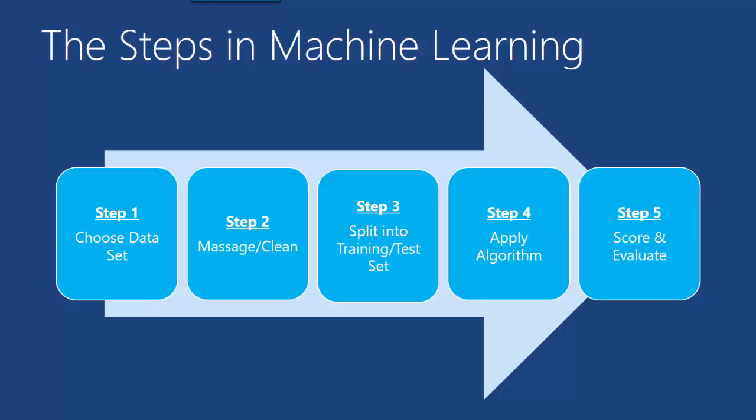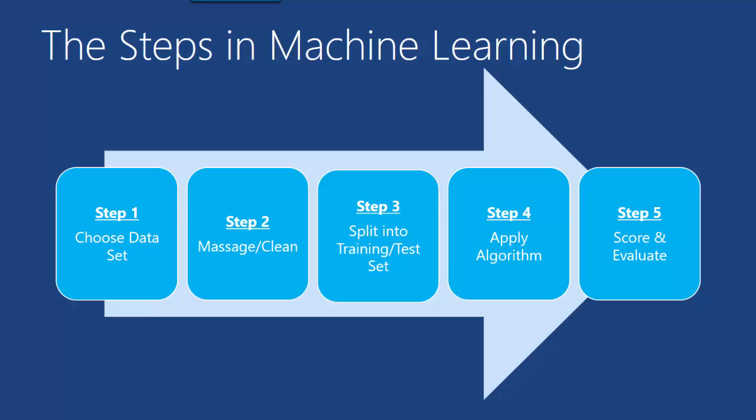So you essentially have data, and then you massage and clean the data in order to make sure that you are using the right optimized data set to have an optimized trained machine learning algorithm. Once you have your structured data set, you split it into 2 parts. One is called the training set, on which you will be applying your algorithm, and the other part is called the test set, against which you will be testing the trained model.